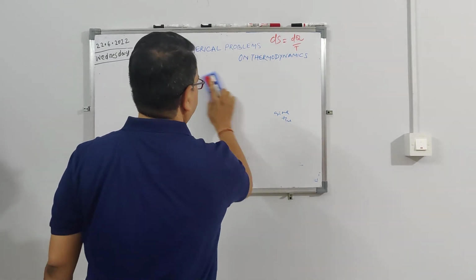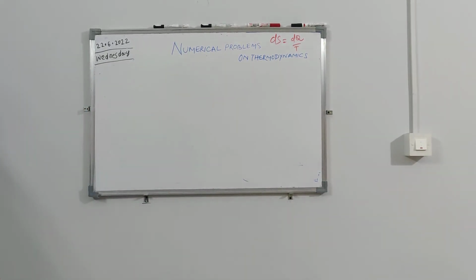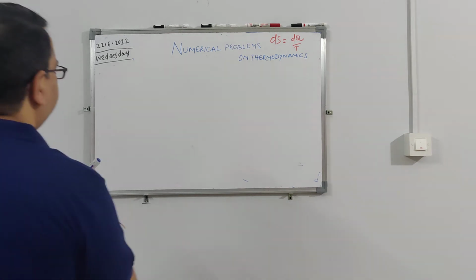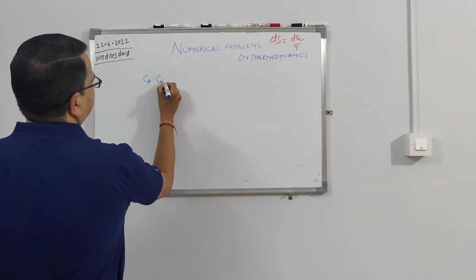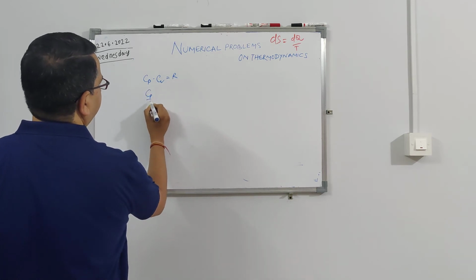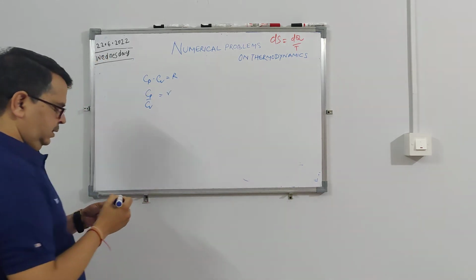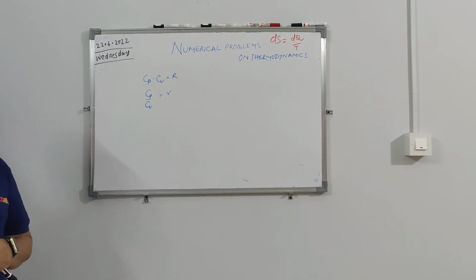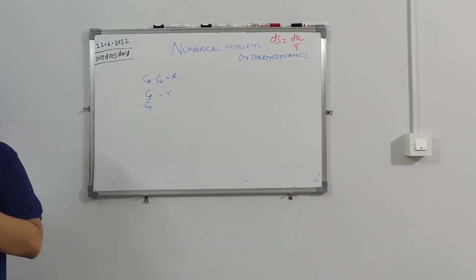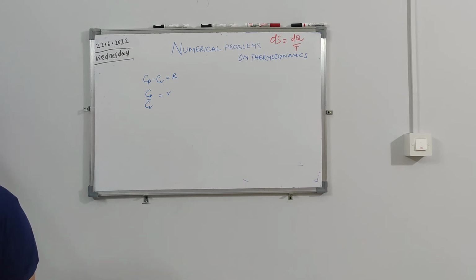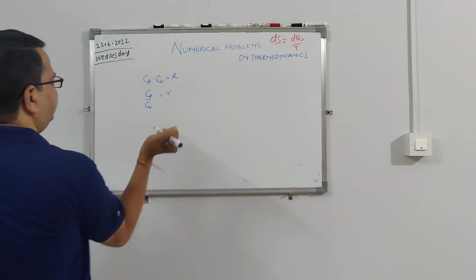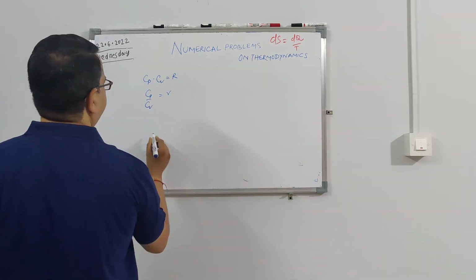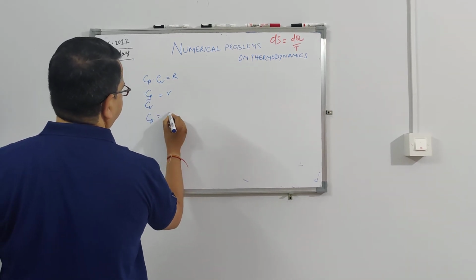You know that Cp minus Cv is equal to R, and Cp by Cv is equal to gamma. There can be a question like, find out the relationship between Cv and R. So how to find it out? In Cp minus Cv is equal to R, you can replace Cp, since Cp is equal to Cv into gamma.